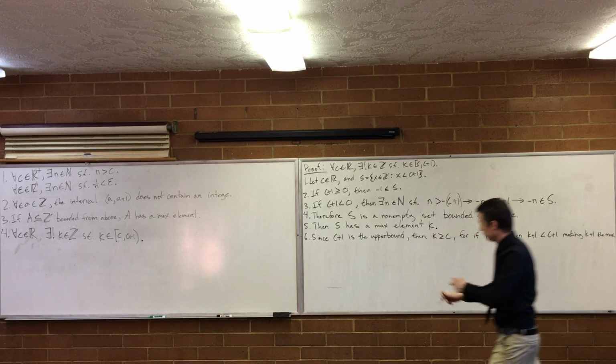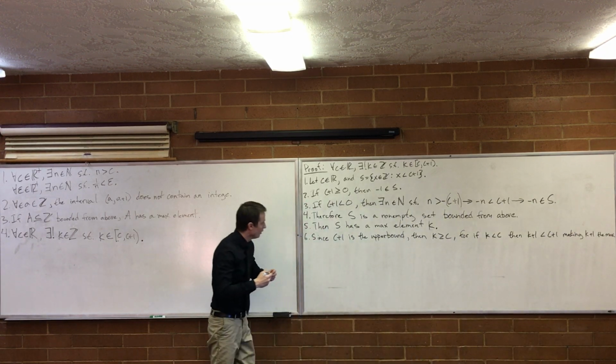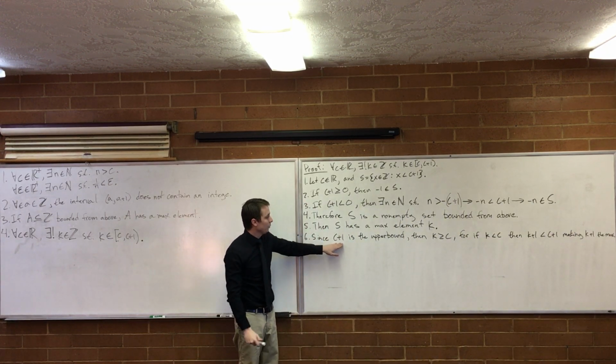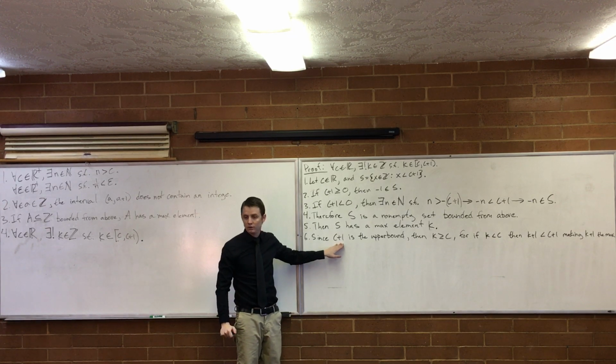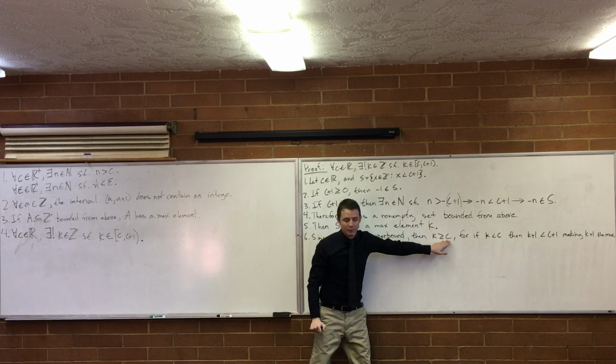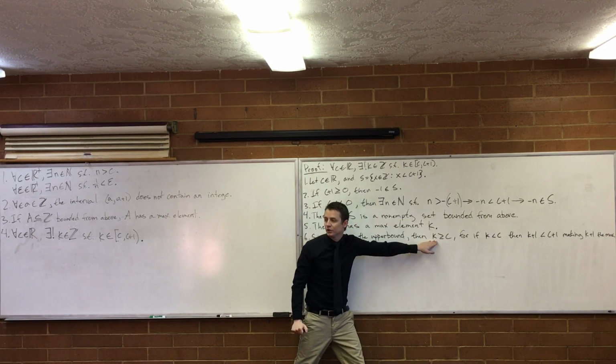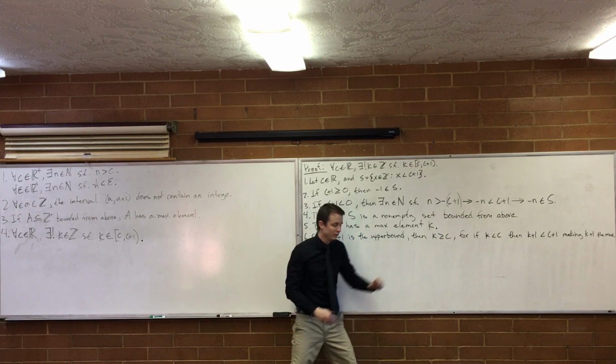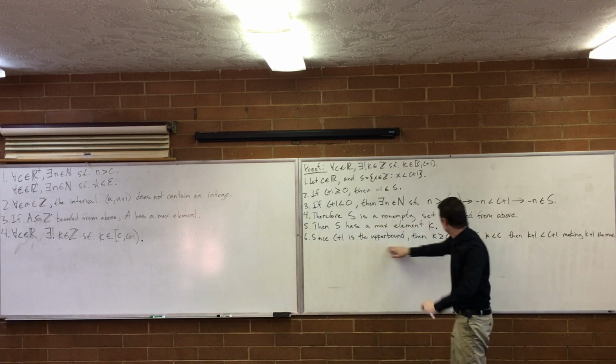Okay, sorry, let's make this one make sense for a second. So c plus 1 is my upper bound, right? I'm trying to show that c can't be the upper bound, and so the max element has to be greater than or equal to c. Okay, so here's the logic there.